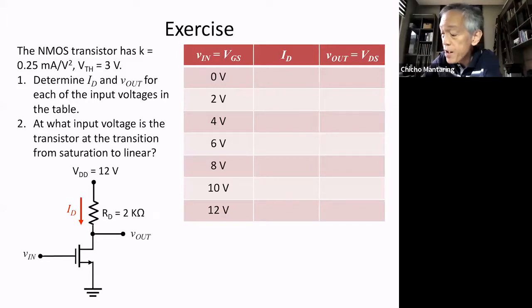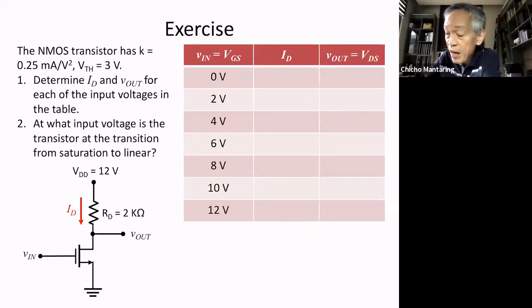Determine ID and Vout for these various values of Vin, where Vin is actually the gate to source voltage. If you look at this circuit, VGS is equal to Vin. And then I have another question. At what input voltage is the transistor at the transition from saturation to linear?